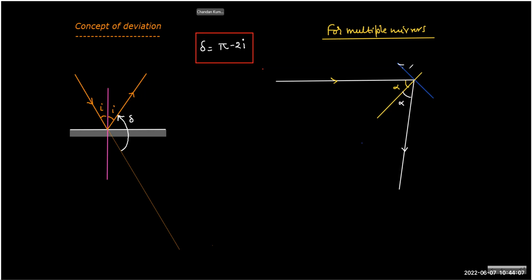So this is the first mirror you intercepted. Then comes another mirror like this, and now this mirror will do the same thing.